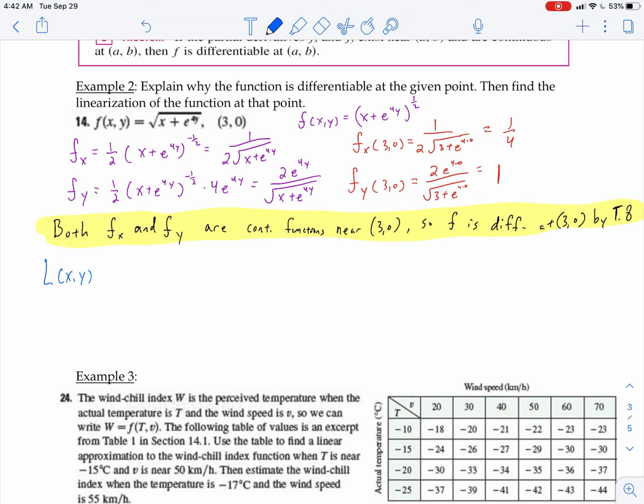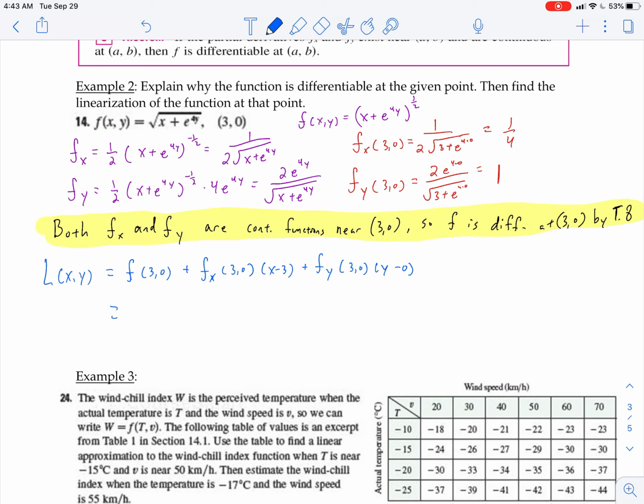If you recall, the linearization is L(x, y) equals f(3, 0), our initial z value, plus our partial derivative with respect to x at (3, 0) times (x minus 3), plus our partial derivative with respect to y at (3, 0) times (y minus 0).